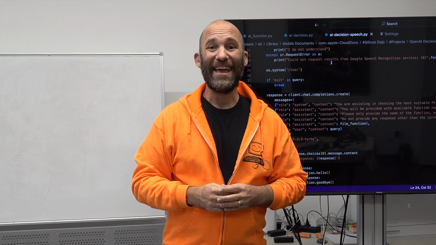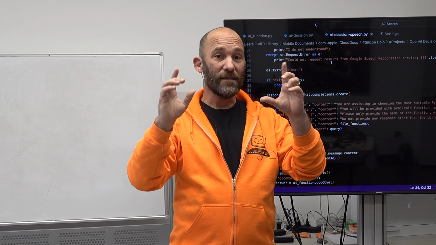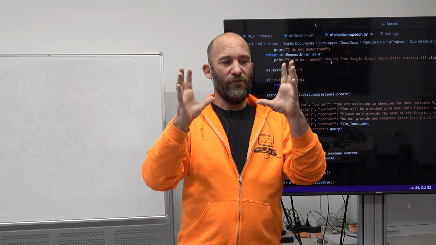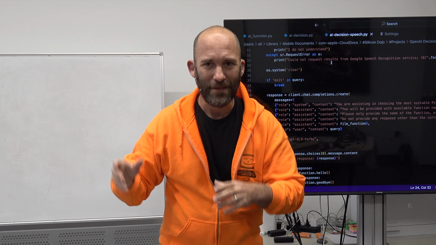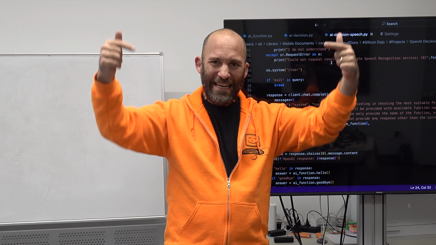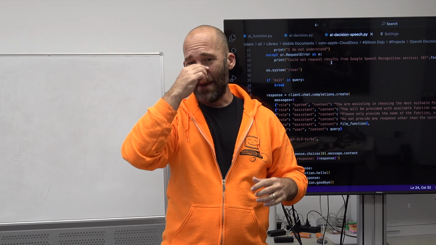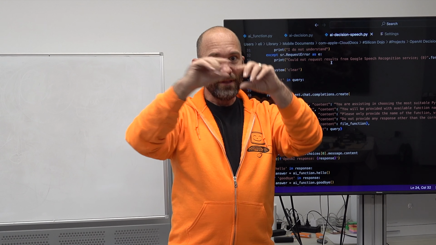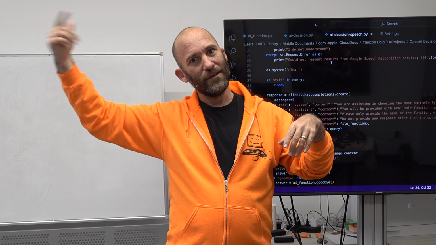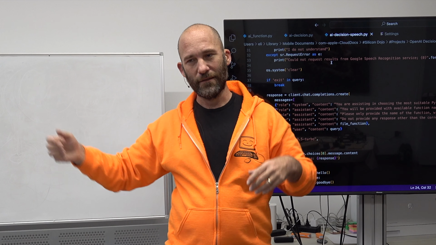Language is a real pain in the butt for computer people because here's the deal: if you say the exact statements that we want you to say, we can parse and read those statements, and then we can fire off certain functions or events, right? That's pretty easy. Light on, I can look for light on in a phrase and turn a light on. Light off, I can turn the light off.